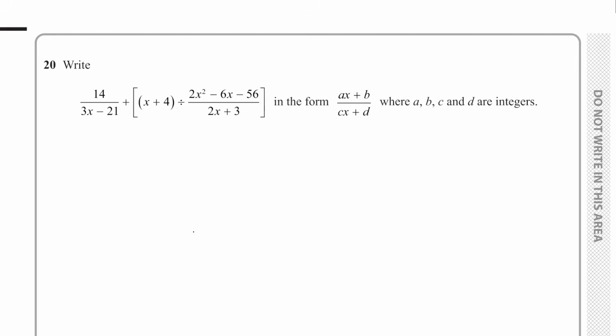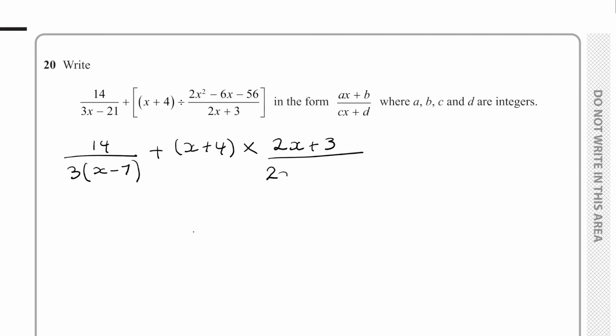I'm also going to factorize 3x minus 21. So I'm going to change it into 3 times (x minus 7). I've then got plus (x plus 4). I'm going to change it to a times, and I'm flipping over this fraction.